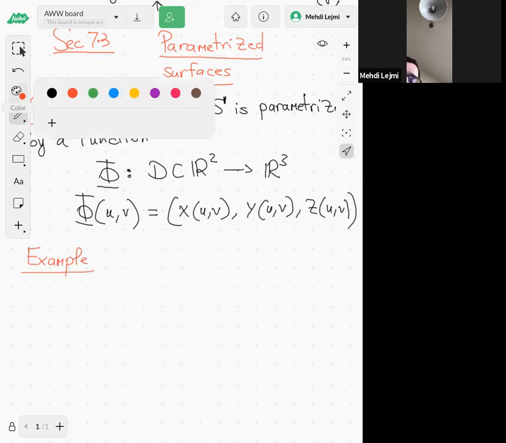We had a lot of examples last week, but let me give you another example. Probably in Calc 3, guys, you discussed the graph of a function of two variables, and you said that the graph of a function of two variables is a surface.